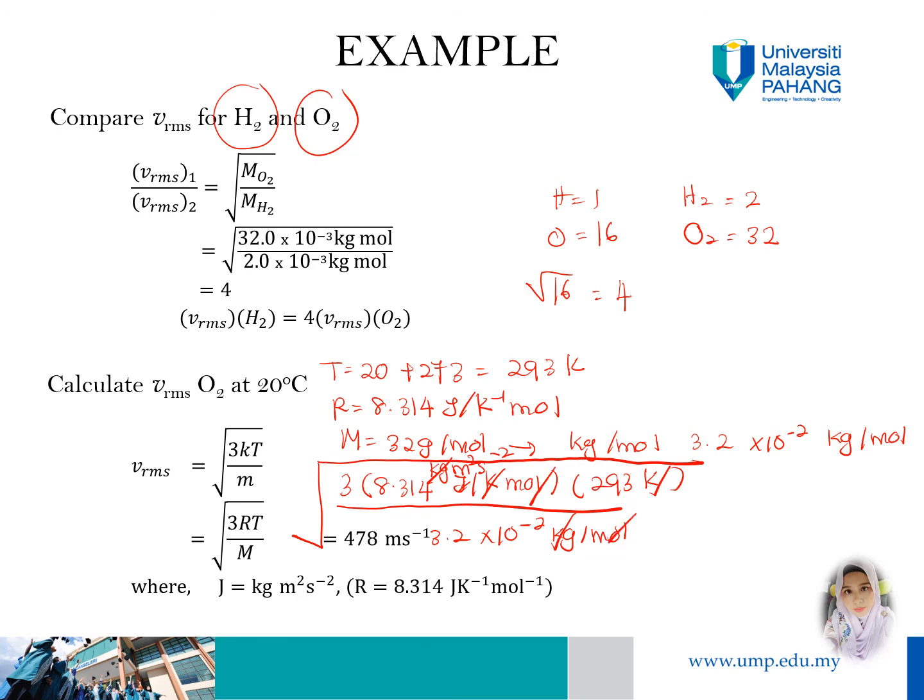From the calculations we get 47x meters per second. So the root mean square velocity of the molecules in the sample of oxygen at 20 degrees Celsius is equal to 47x meters per second.